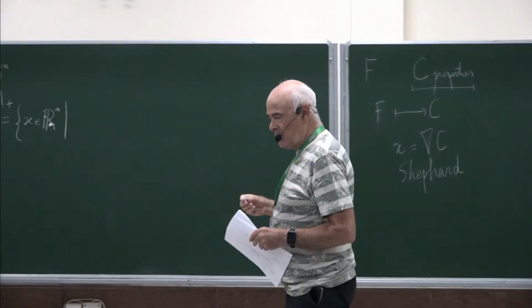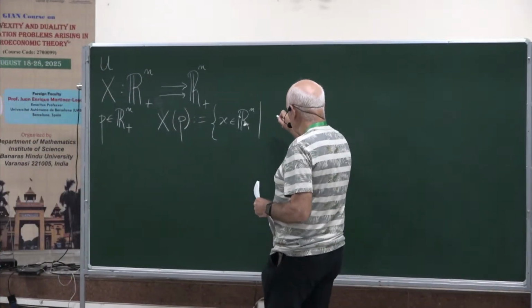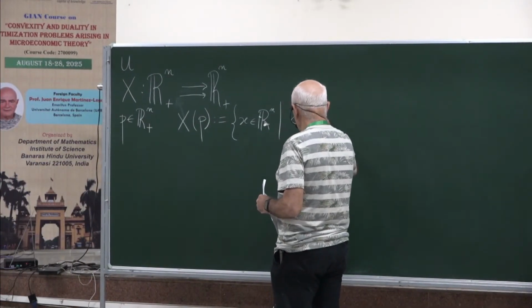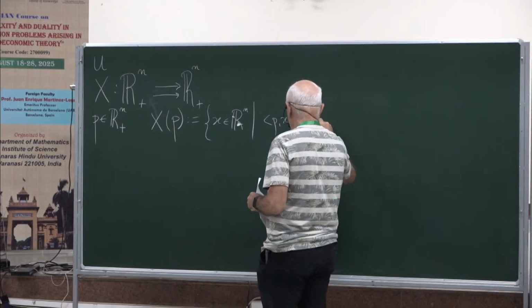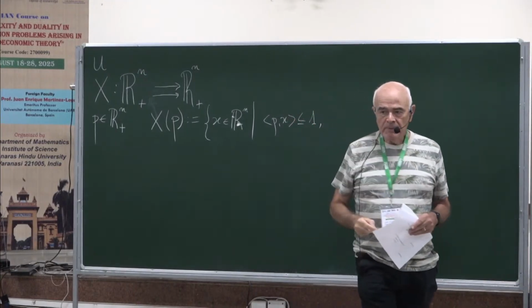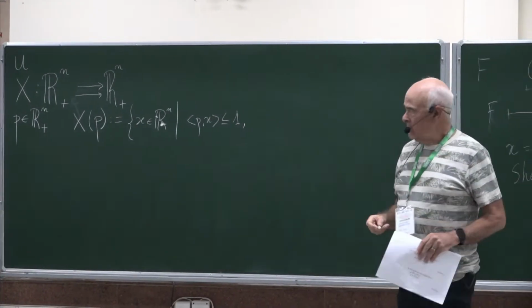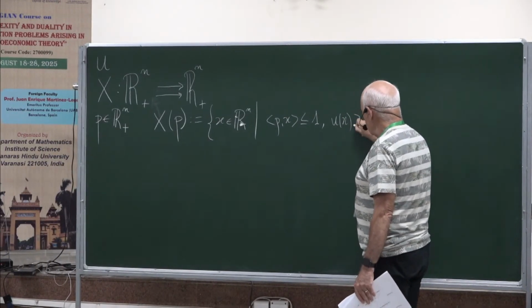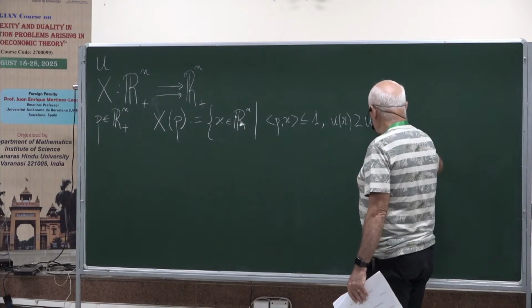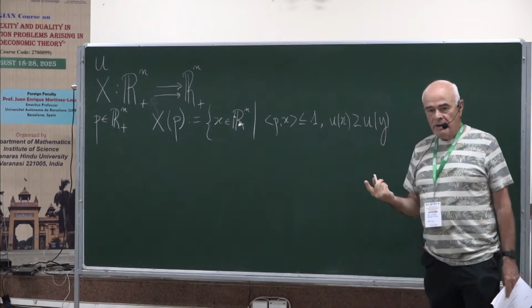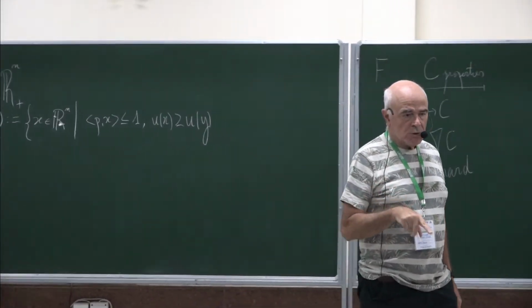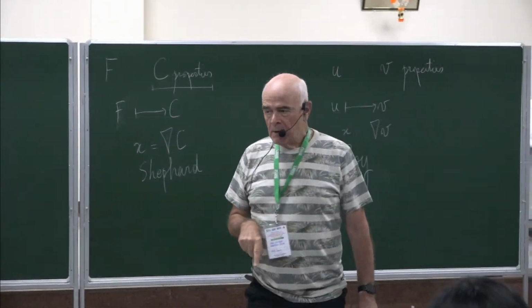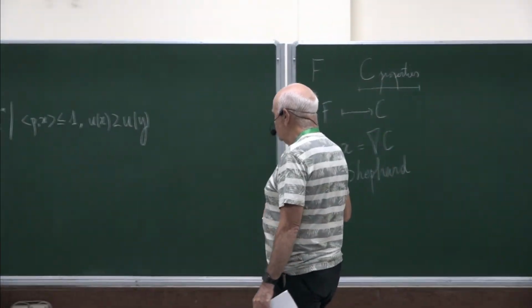They satisfy the budget constraint. And are optimal under this constraint. So the utility of x is greater than or equal to the utility of y for every other y which is also affordable under these prices.